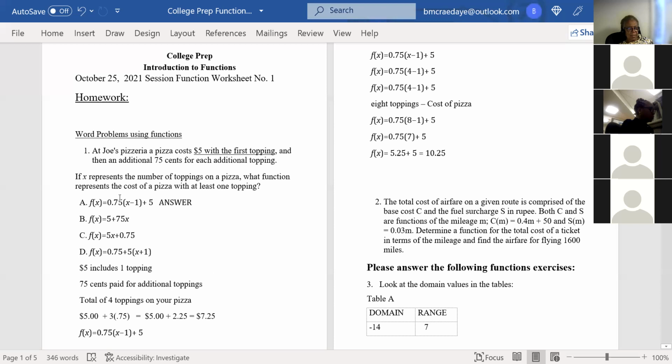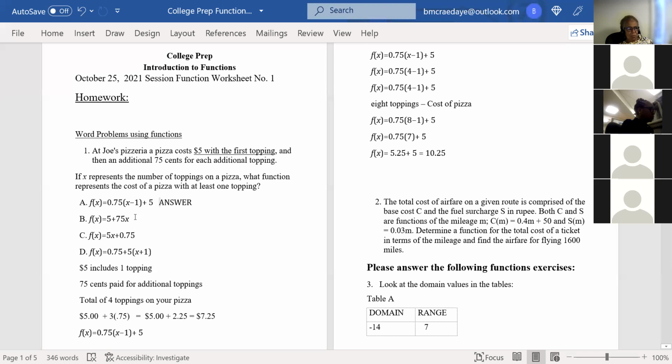Can you tell me why A is correct? This is a slope intercept format, except the f of x of the function is like our y, right? And then we have mx, so the slope is the 75 cents, and we have the x, and then the fixed cost is the $5 for the pizza with the first topping.